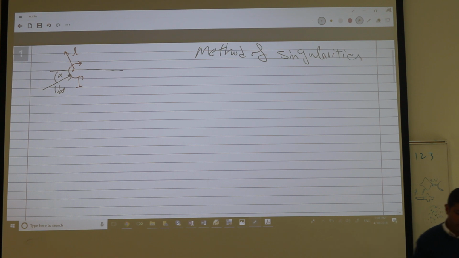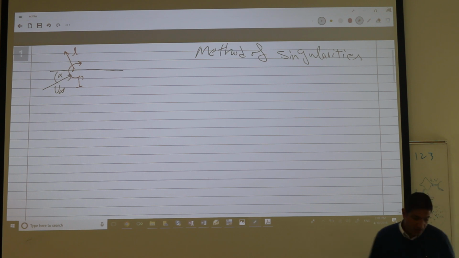In particular, for the method of singularities, you replace your body with a distribution of singularities. In particular, we will use it to solve the flow around a thin airfoil.